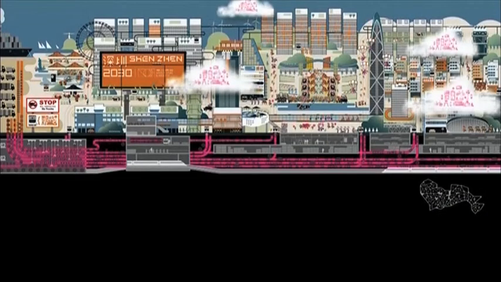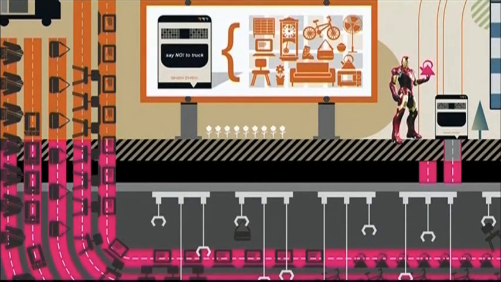By doing that, with all the relieved space, we can reintroduce a lot of human activities back in place. What you see over here is the interface between the underground and the ground level, and how that kind of networking information is transmitted.